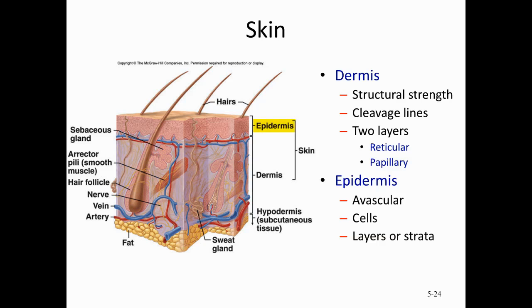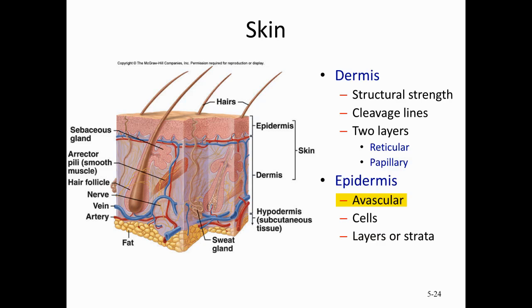And then if we look at the epidermis, remember, it is avascular. Again, if you've ever done this as a kid where you take a straight pin and put it just underneath the skin, underneath the epidermis, you didn't bleed, did you? If you took that pin and went past the epidermis into the dermis, into that papillary layer, now you can hit a blood vessel and you can bleed.